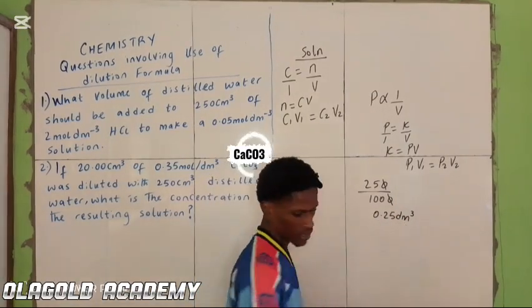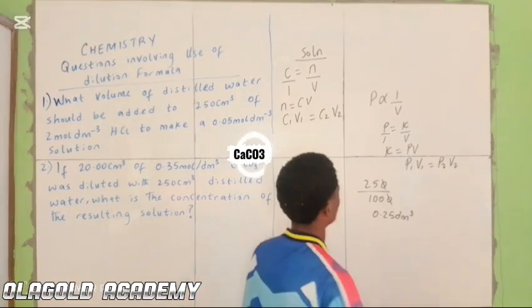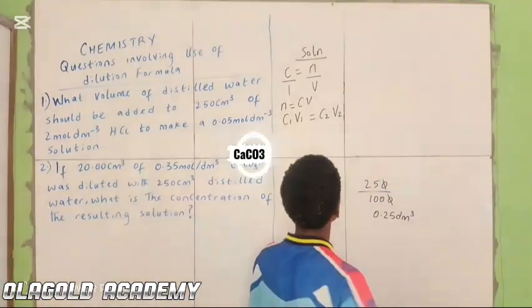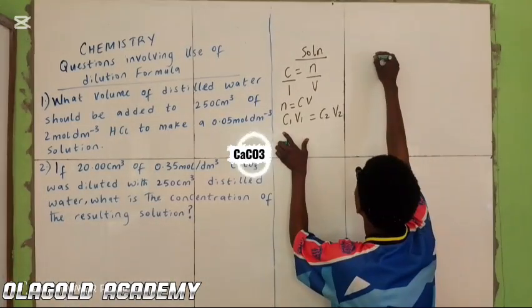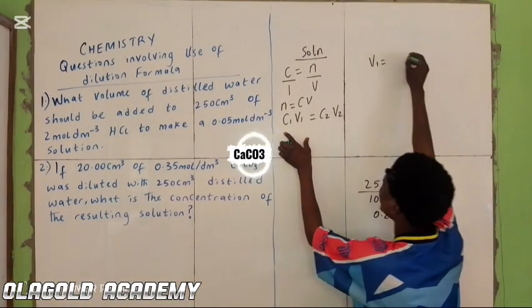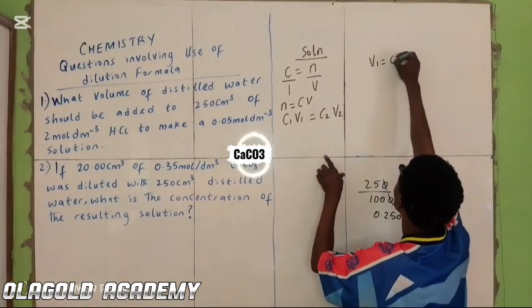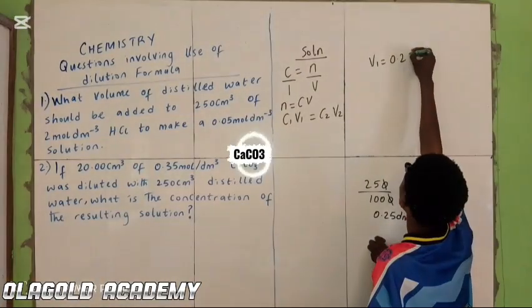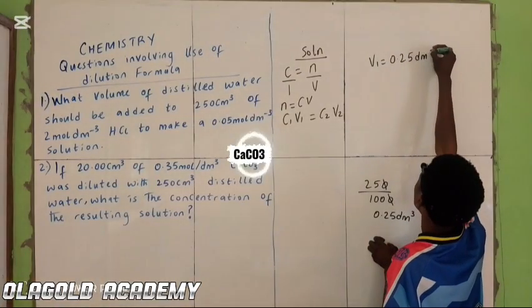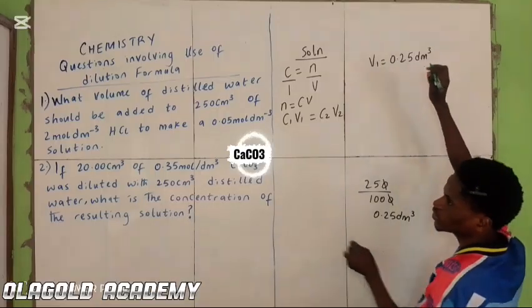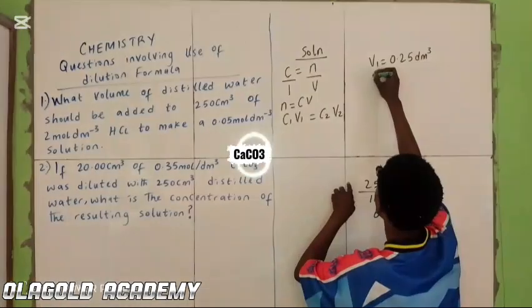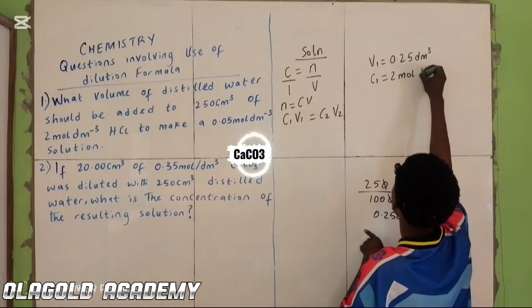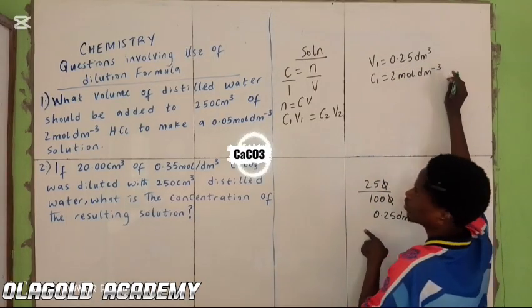Alright, let's list out our parameters from the question that we are given. Our V1 equal to 0.25 dm³. Our C1 becomes 2 mole per dm³.